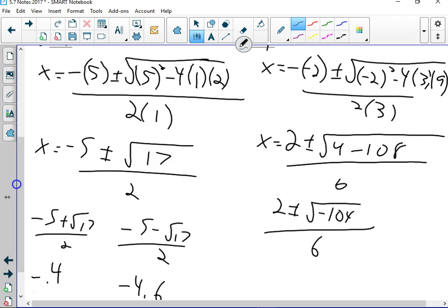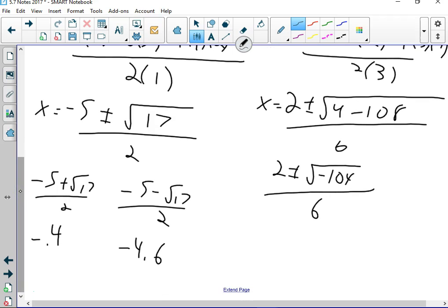What's our answer? Look at the discriminant, people. What's our answer? There's nothing to do.